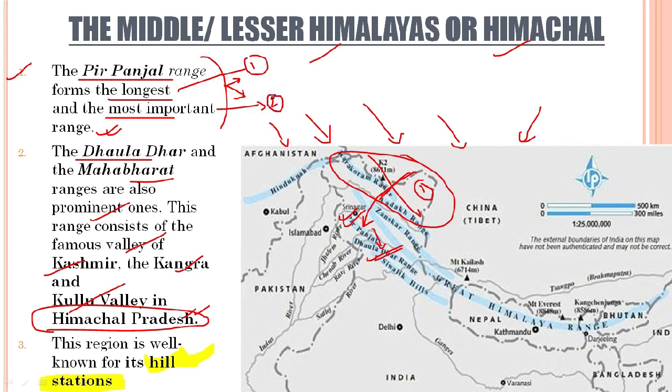So you also see, students, while you go through the text of the chapter, what the possible questions are which can be framed from any section of the text. Second, name some more prominent ranges of the lesser Himalaya. Clear? Third, where are Kashmir Valley, Kangra Valley and Kullu Valley. Fourth, as I have already asked, name some important hill stations found in the lesser Himalayas.